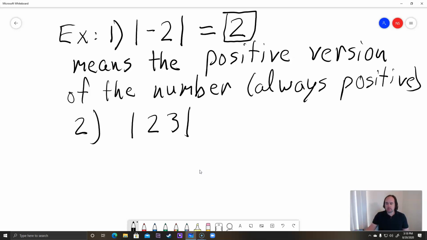Well, it's just the number. Okay, so the absolute value of 23 is actually just going to equal 23. Okay, so with -2 up here, because it was -2, we had to get rid of the negative to get +2. That's the positive version of the number. But here, because 23 was already positive, we just keep it positive, and that's our answer.